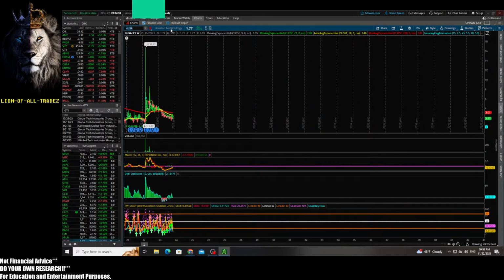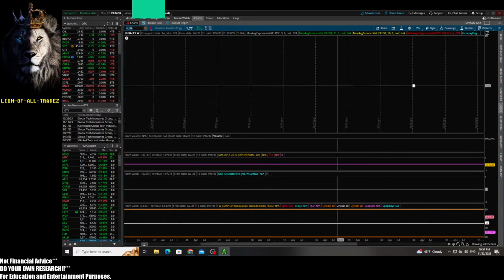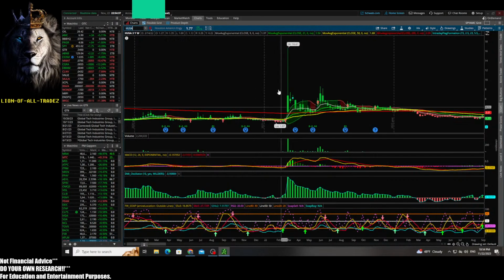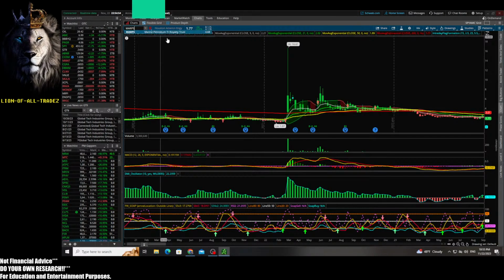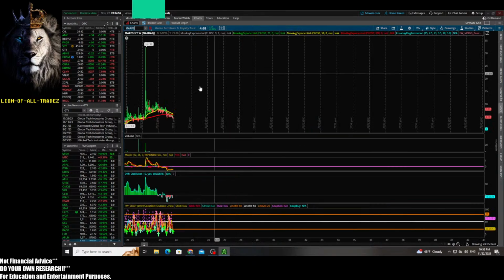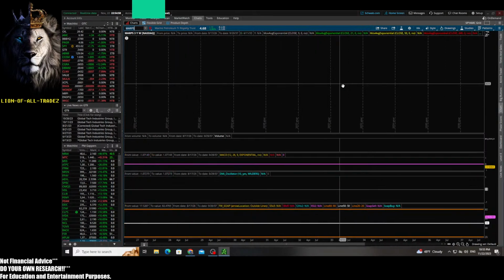Then you have Houston American Energy. Same thing here. This was at a low of $1.07, and then when oil exploded, this exploded to 16.61. Then you have MARPS, Marine Petroleum Trust Royalty Trust.